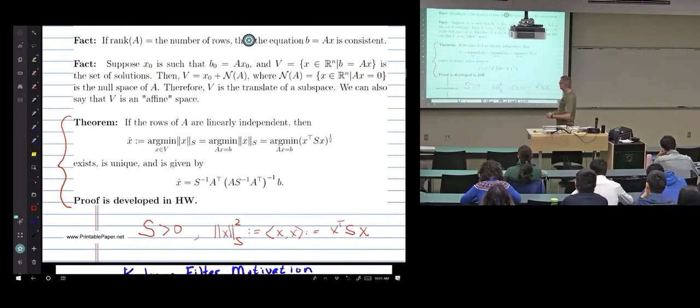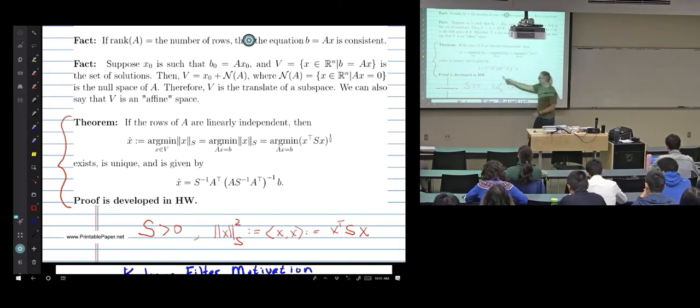And then here's the theorem. So I posted all of this in Canvas. X hat, which is argmin over all x's that satisfy the equation, okay? And then here's the norm. It's the square root of X transpose SX, and the solution is given by this formula here.